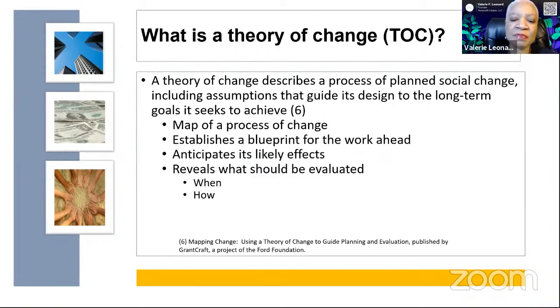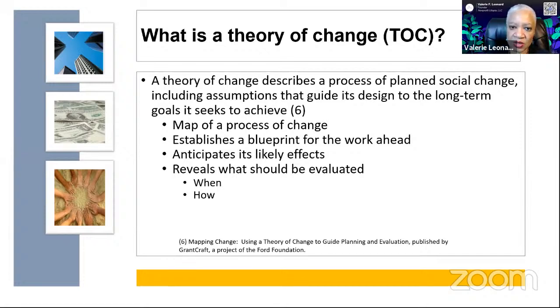It establishes a blueprint for the work ahead. It anticipates the likely effects. So you want to look at cause and effect and make sure that the remedies that you are proposing can actually solve your problem. It also reveals what should be evaluated when and how. And this definition comes from mapping change using a theory of change to guide planning and evaluation. This was published by Grantcraft, and that's a project of the Ford Foundation.